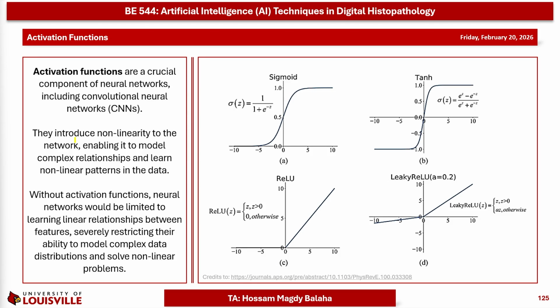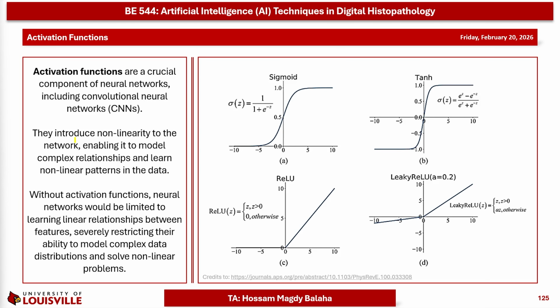If you remember, we multiplied each window by each kernel and summed all of that. And we can say this relation can be represented as a linear relationship. So to introduce nonlinearity into the network, aiming to capture complex relationships and learn from nonlinear data, we simply introduce the activation function.